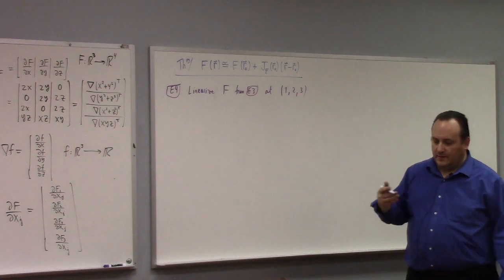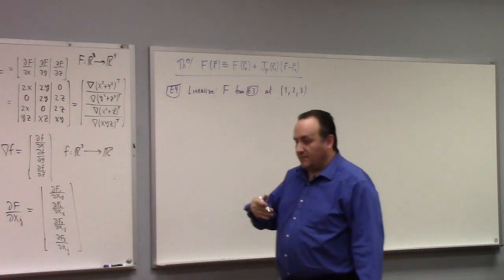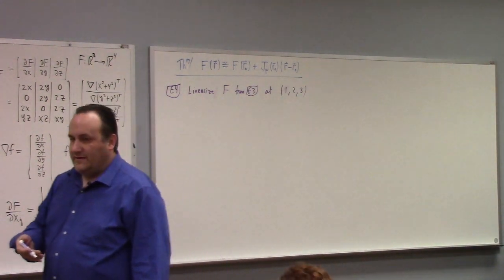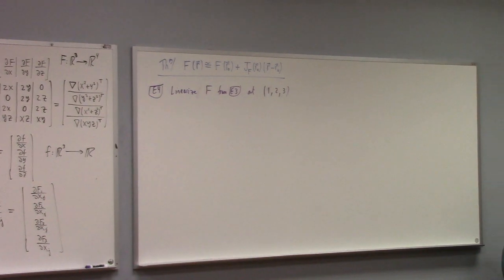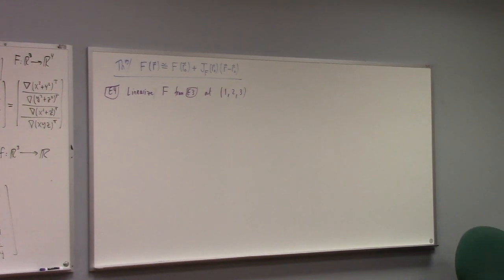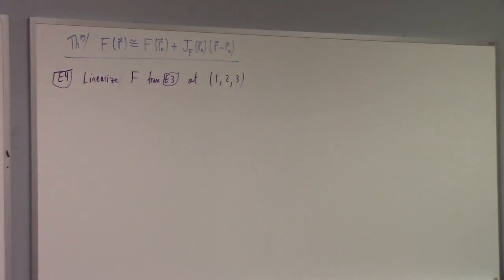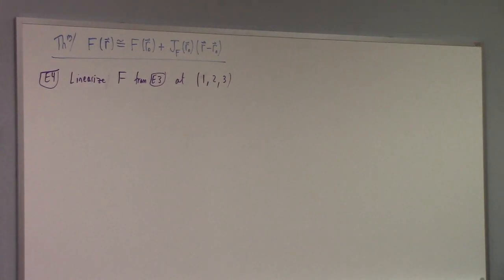This would be a generalization of the concept of, say, finding the tangent line, right? We found the tangent line in calculus 1, best linear approximation to a graph in, what is that, 2 dimensions, I suppose. And then in calculus 3, you found the tangent line to a space curve, right?